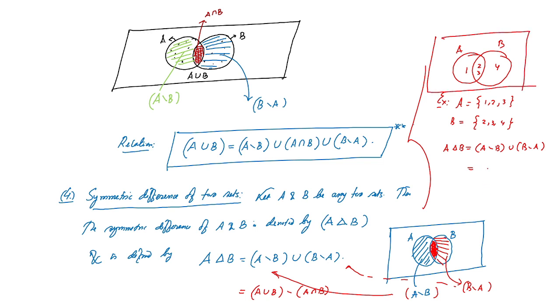So A minus B means 1, union B minus A means 4, that means 1 comma 4. So this is basically the symmetric difference. So the symmetric difference operation is done.